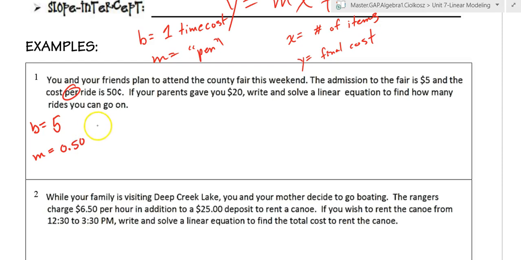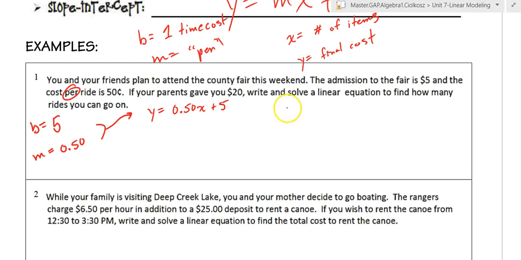So we can get our equation from just these two pieces of information. So it'll be y equals 0.50x plus 5. In our last sentence here, your parents gave you $20. Write and solve a linear equation about how many rides you can go on. So y we talked about being a total or final cost.